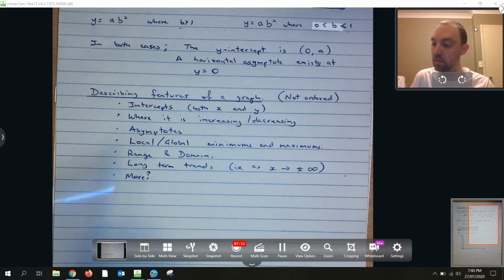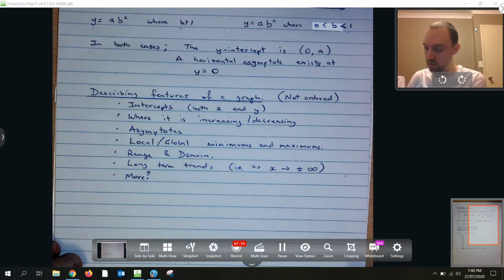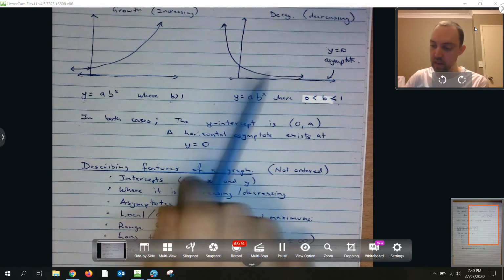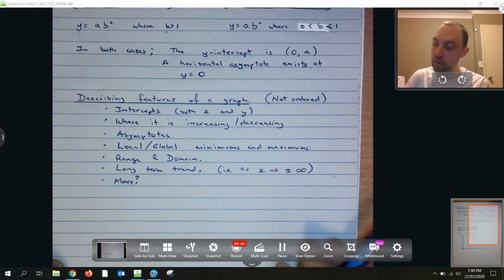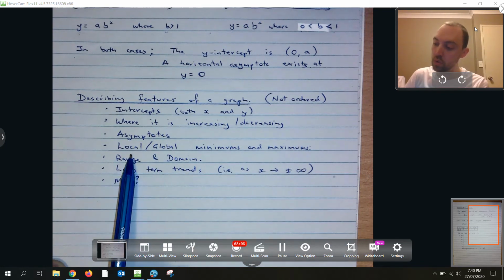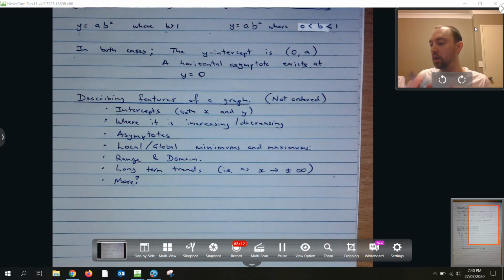Sometimes it's both at different parts of the graph. For our exponentials, however, you're just going to have the two types. Any asymptotes that might come up, any local minimums and maximums. When I say local, that's usually when our domain's been restricted. If that domain's been restricted, then it might not necessarily be the maximum of the function overall, but just what we can actually see of it.